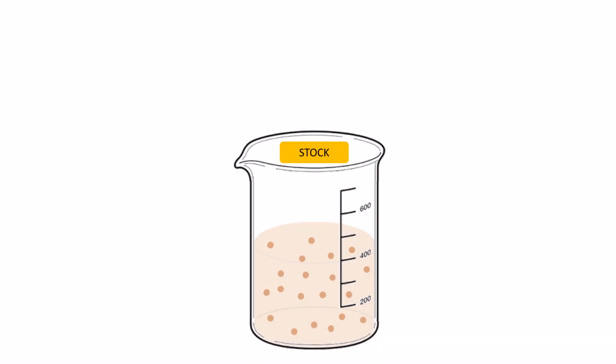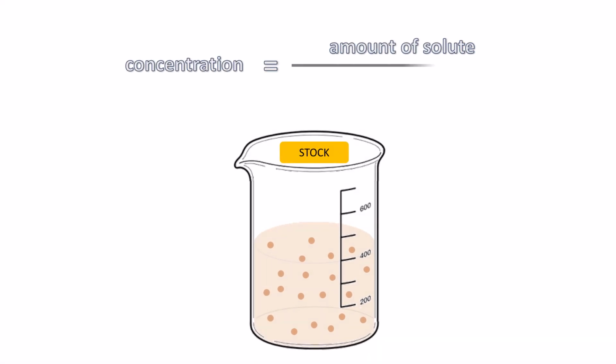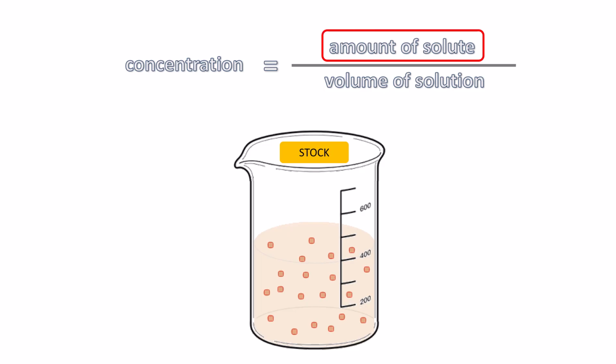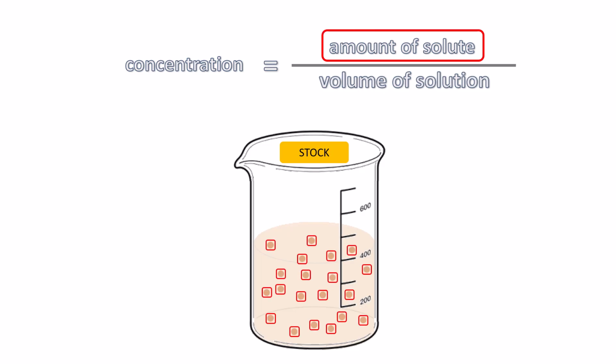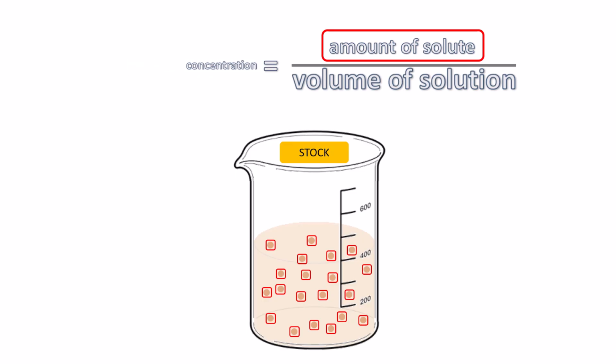Let's refer to the concentration formula to visualize this inverse relationship between volume and concentration. If the amount of solute remains constant, increasing the volume of a solution by adding a solvent will decrease its concentration.